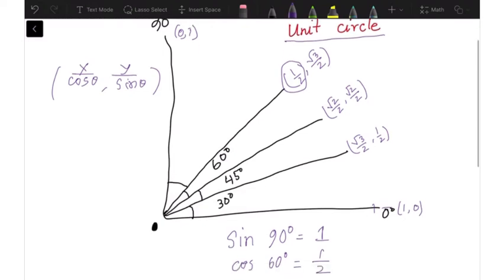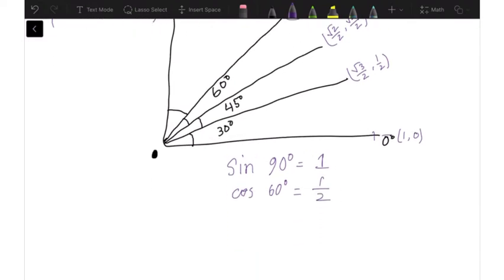Now once you know the sine and cosine values, you can find a lot of stuff with them. We can find all the other trigonometric identities. For example, if I ask you to find tangent 30 degrees, now you know the sine, and you know that tan is equal to sine 30 over cosine 30. So you can easily find tan 30 now. How? You know the value of sine 30 is here, half, and the cosine value is also here, square root of 3 over 2.